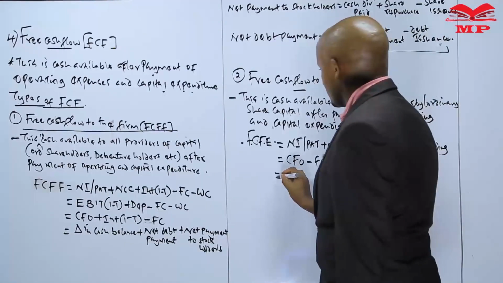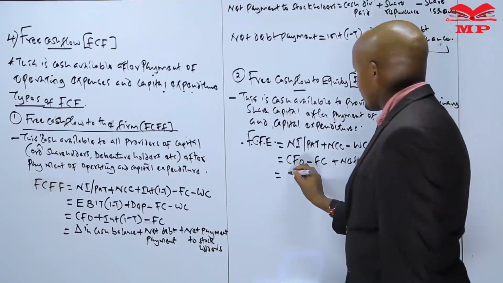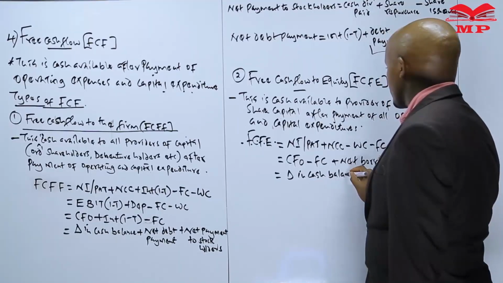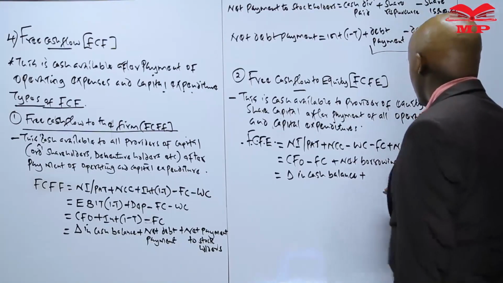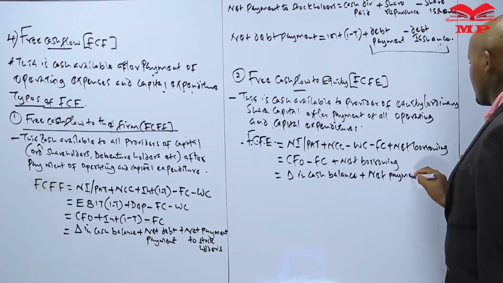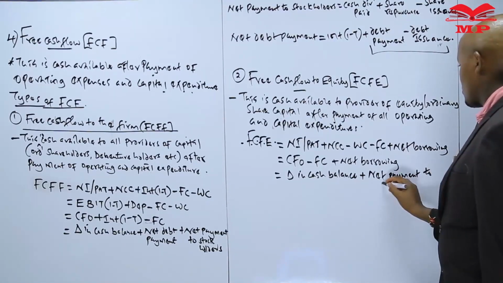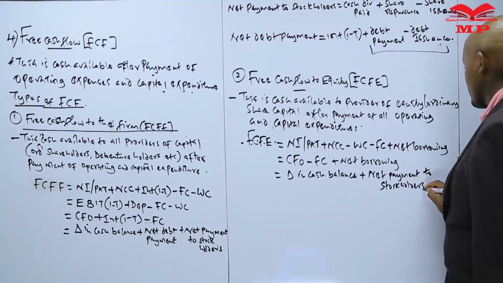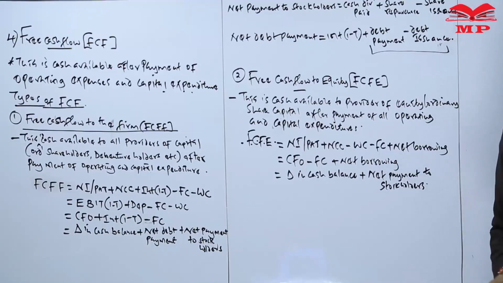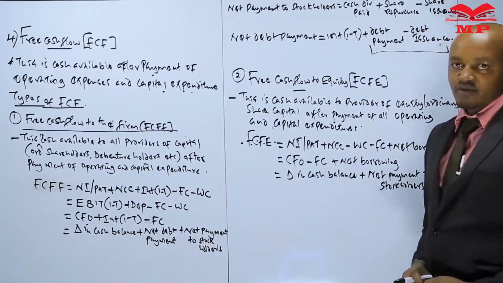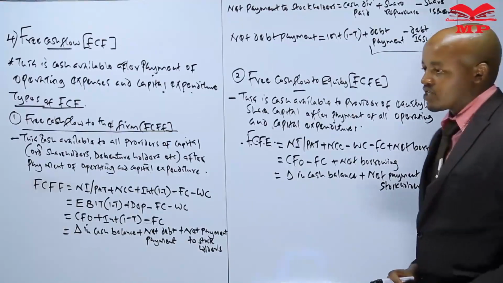And then finally, the other formula is whereby we take the change in cash balance plus net payment to stockholders. In our case, we have said that this is another name for ordinary shareholders. So those are basically the various formulas we use in computing the free cash flow to equity.